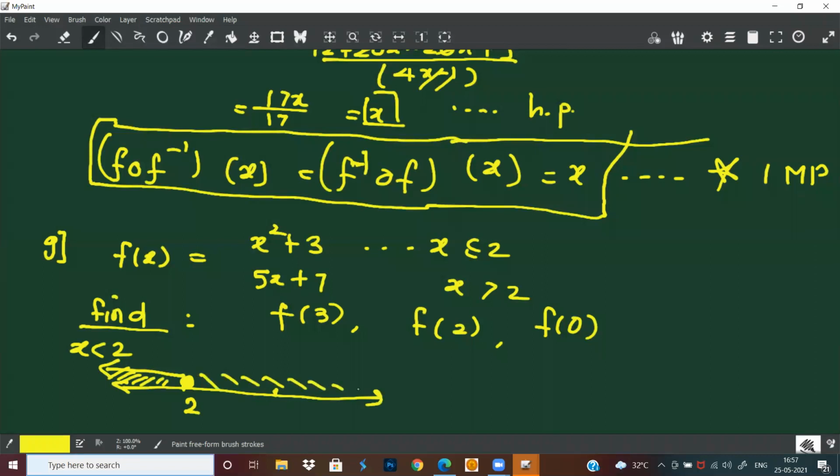This zone is x greater than 2. And this point is x is equal to 2. So now if I ask you f of 3, you first have to think which zone 3 will fall in.